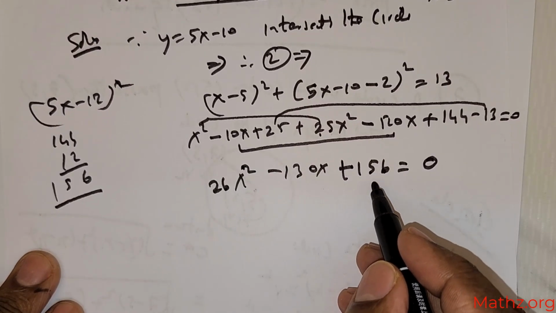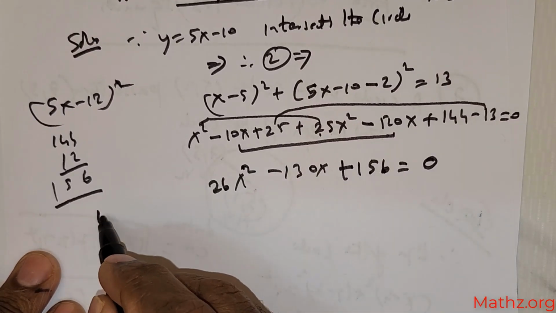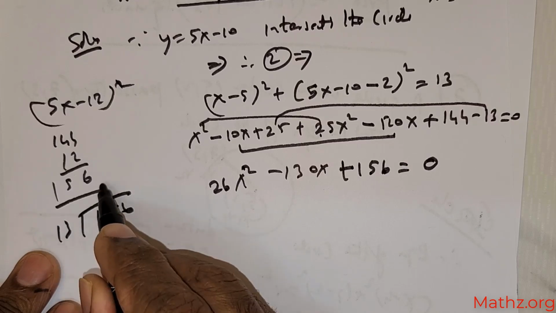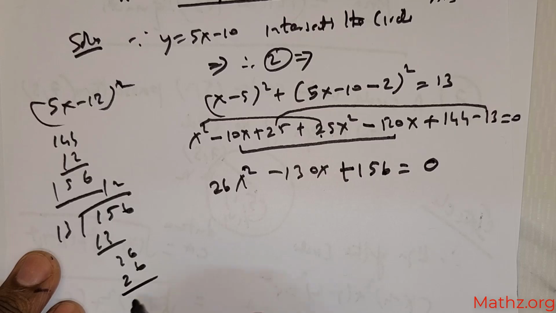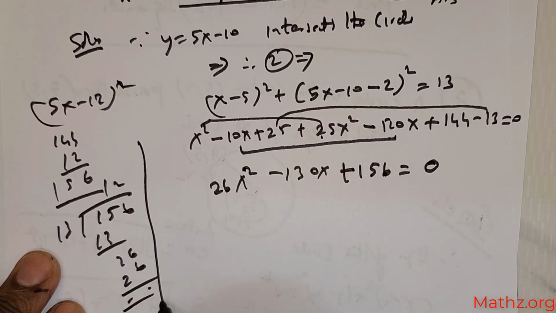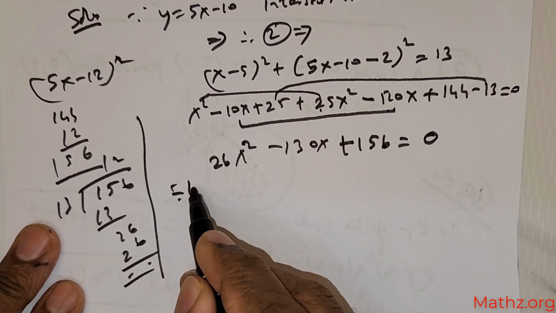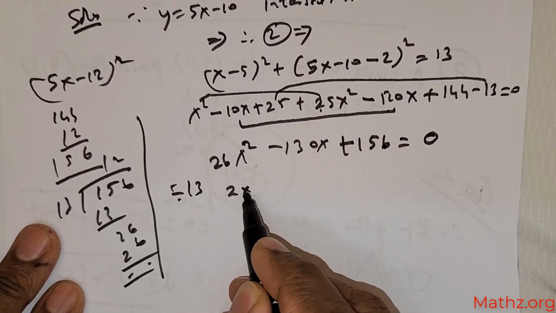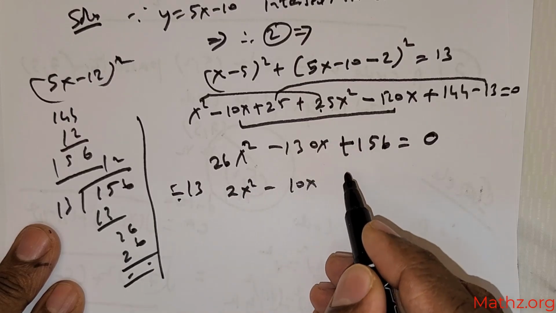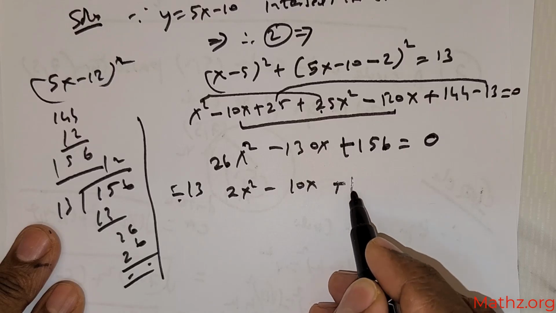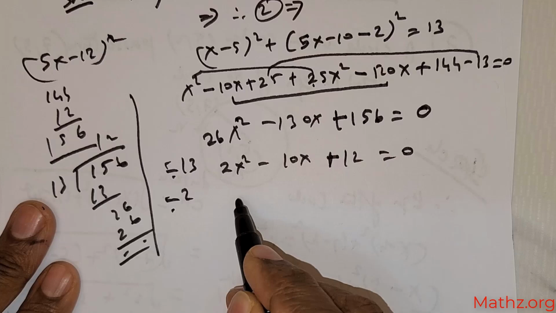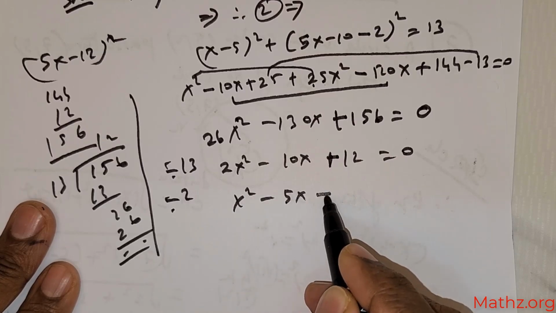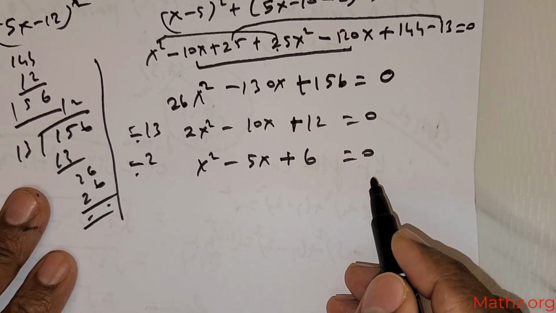Now I want to know if 13 can divide 156. So yes, 12 times. So what I can do is divide by 13 throughout. So this will be 2 times x squared, 10 times x, and 12 is equal to 0. Now I divide by 2 throughout. This is x squared minus 5x plus 6 is equal to 0.